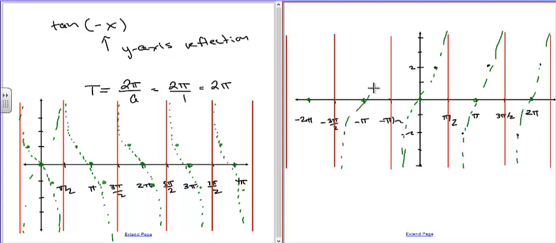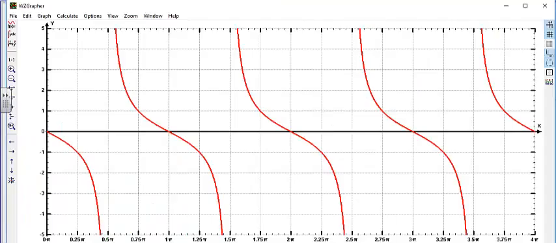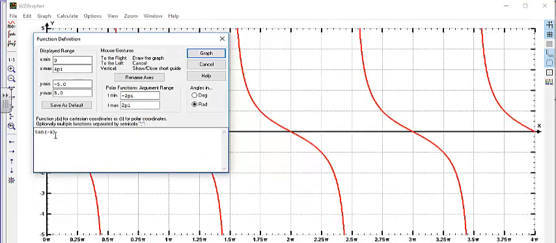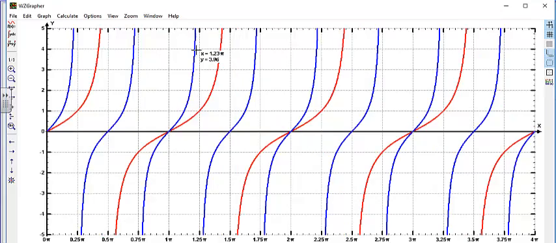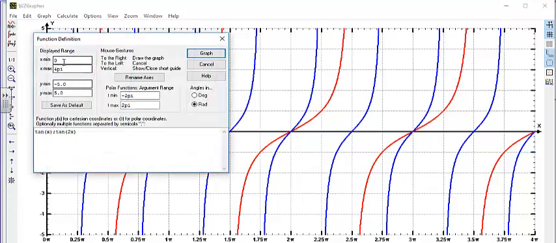So what I'm going to do is plot both of these. The parent function, which is just the tangent of x, and then 2 times the tangent of x. So the red is the tangent of x, and the blue is 2 times the tangent of x. Let's change the window, we're going from negative 2 pi to positive 2 pi.